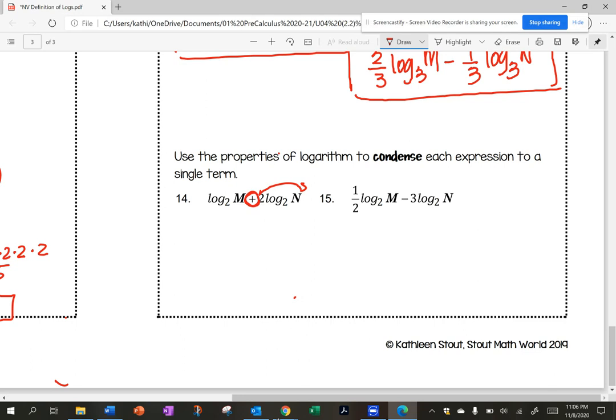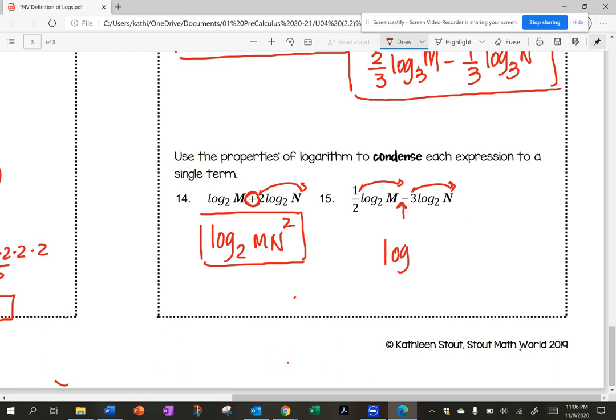So this is going to be log base 2 of m n squared. Okay, this is going to be the exponent here and the exponent here. Since I'm subtracting here, I know I'm dividing.